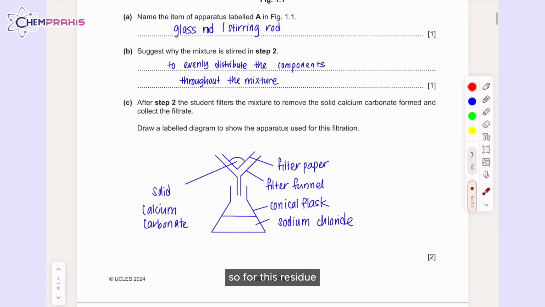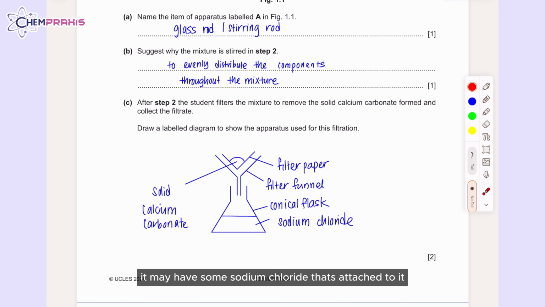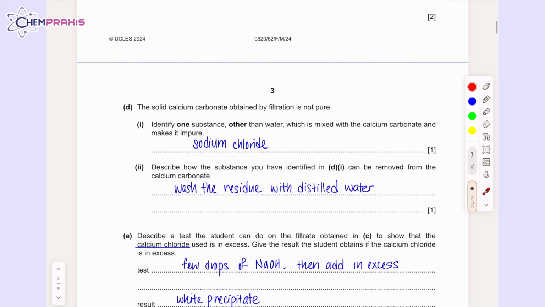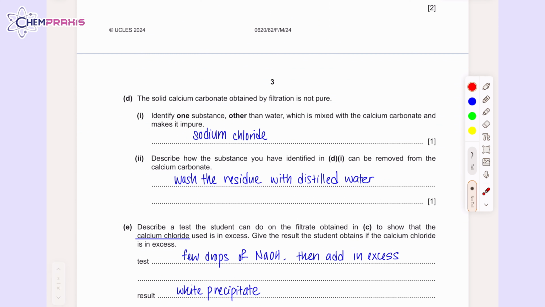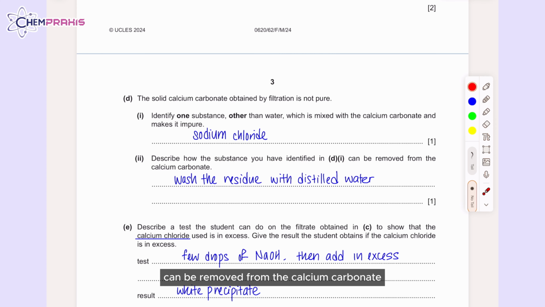So for this residue, they may have some sodium chloride attached to it. Maybe on the surface of the calcium carbonate you have some sodium chloride. So for question D part 2, describe how the substance you have identified in D1 can be removed from the calcium carbonate. You can wash the residue with distilled water to remove sodium chloride.